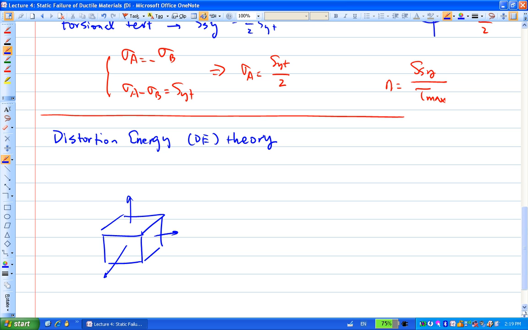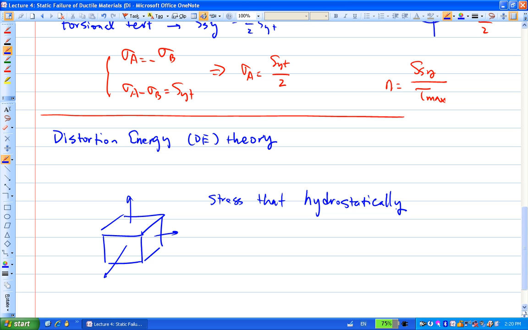Now here's an observation people noticed during experiment, when you subject this ductile material to stress hydrostatically. Let me explain what it means. Hydrostatically really means you apply an even stress on each side of the cube, basically all the same.